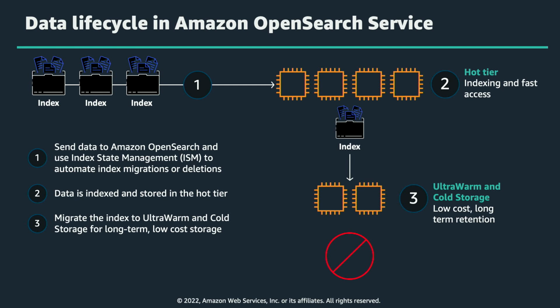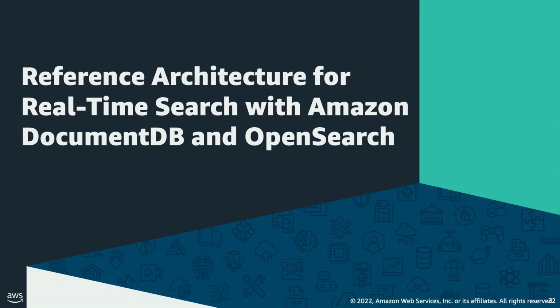They are data bearing, but you can also use EBS volumes for additional storage. And then after that, you can migrate the indexes within your OpenSearch cluster to UltraWarm and cold storage for long-term low-cost storage. And in cases where the data is no longer needed, it can be deleted or maybe archived to something like S3 Glacier.